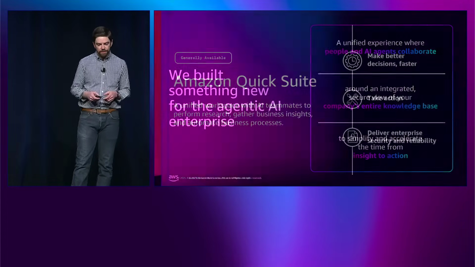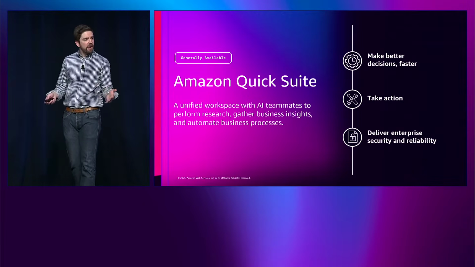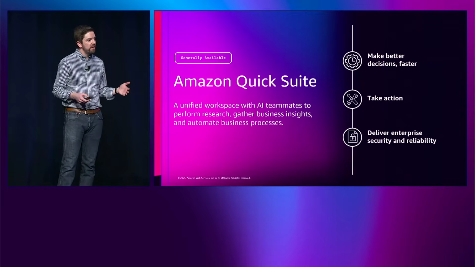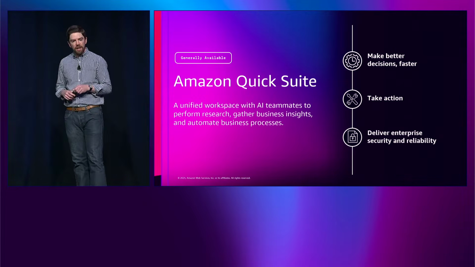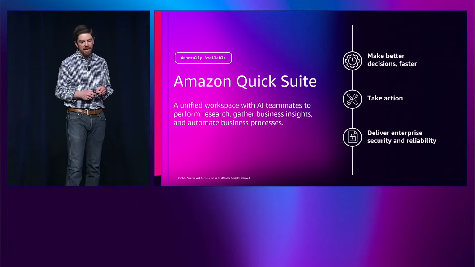And so the overview of Amazon QuickSuite is, again, a unified workspace where AI teammates help you perform research, find business insights, and automate key business processes. So we have built-in agents that we'll talk about in just a second that help you complete these tasks.